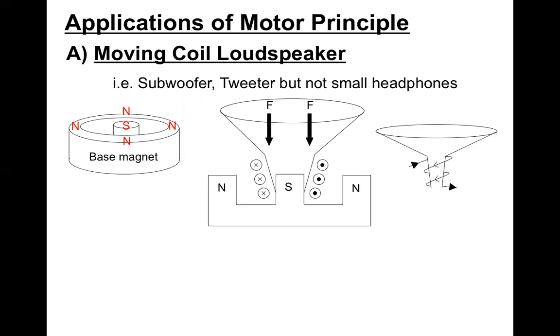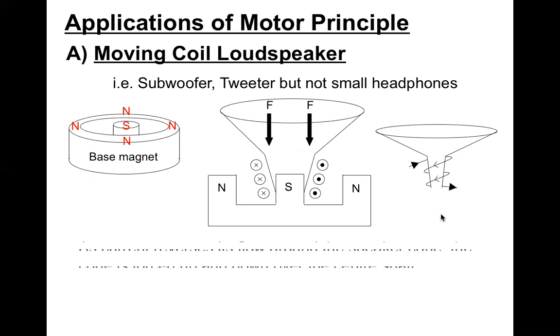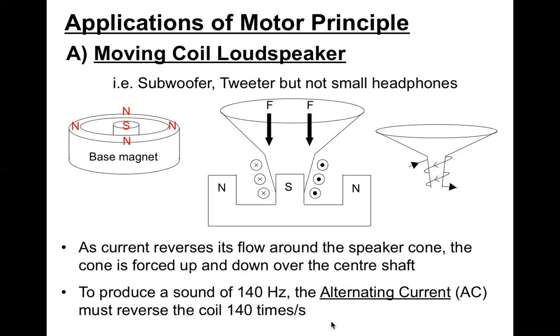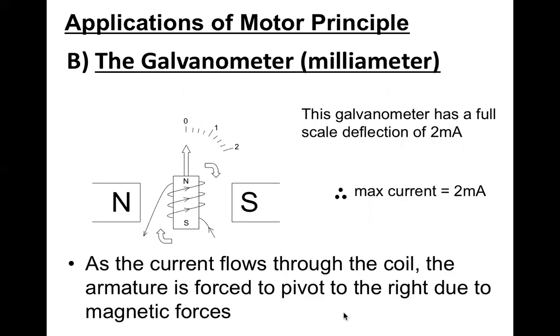Then the force would go up and down 140 times per second. And these vibrations of the cone are what cause a sound wave. In the case of this example, it would be a 140 hertz sound. So each frequency has a different pitch, and we're going to learn a lot more about that in the sound waves unit.